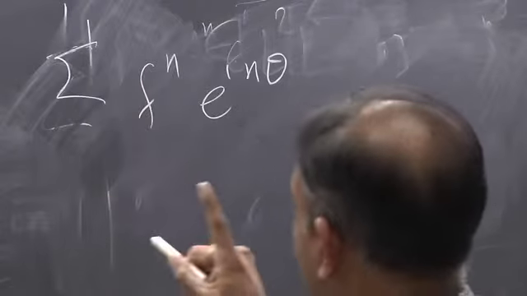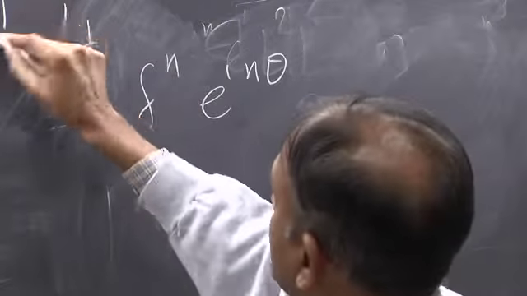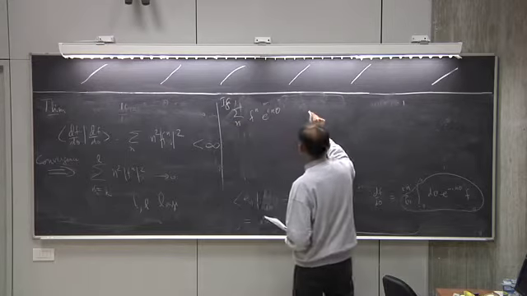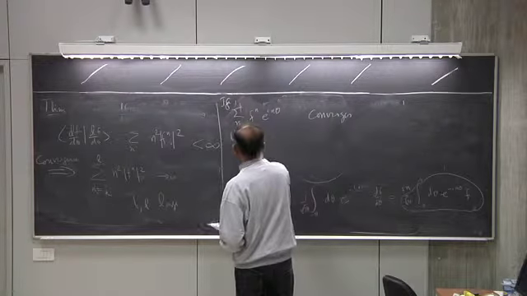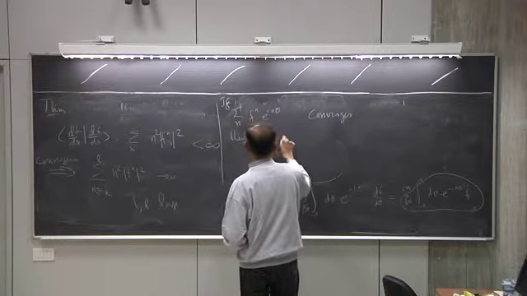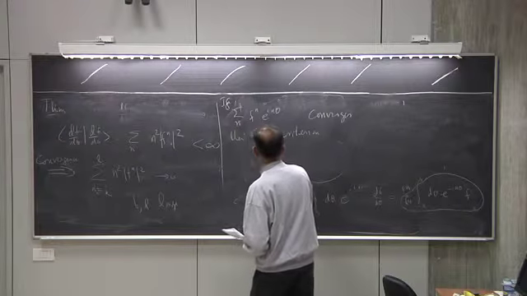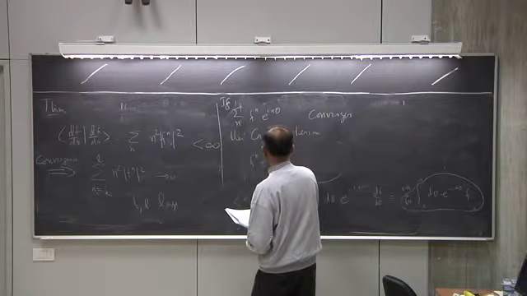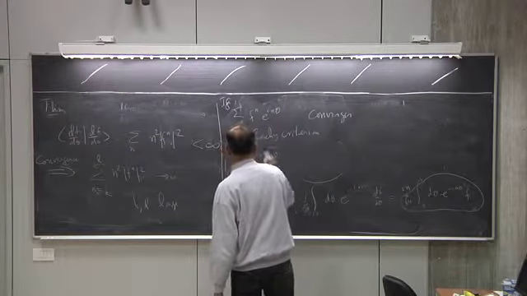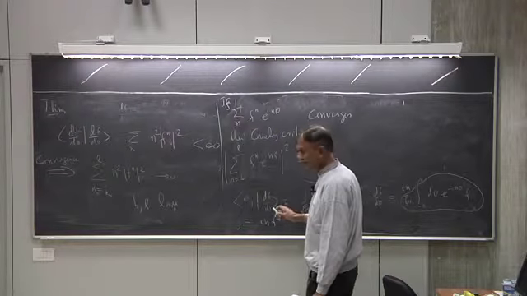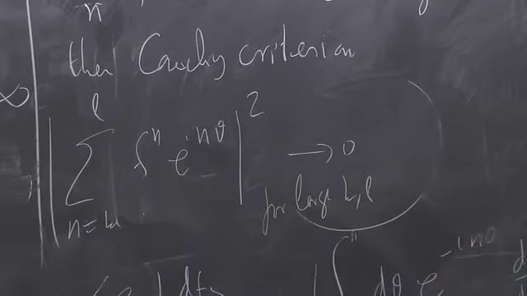So let us look at it again. If this sum converges, then by the Cauchy criterion again, you must have the sum of fn e to the i n theta, n equal to k to L, mod square must go to 0 for sufficiently large k and L. Again, the same criterion.